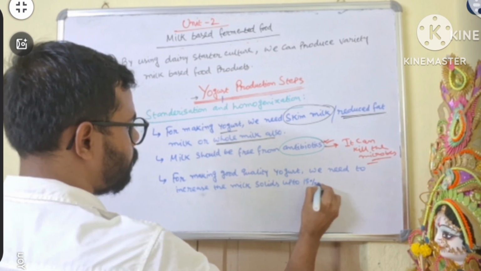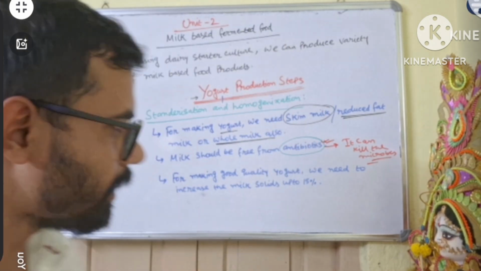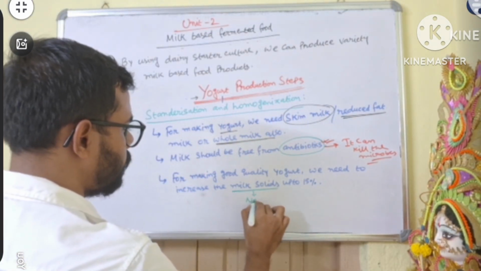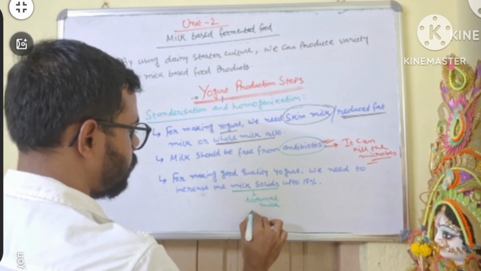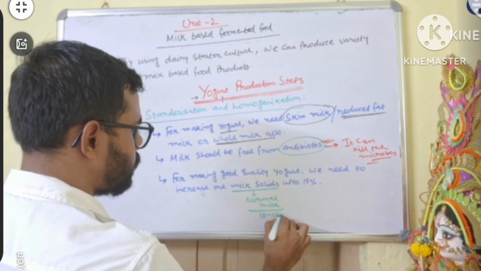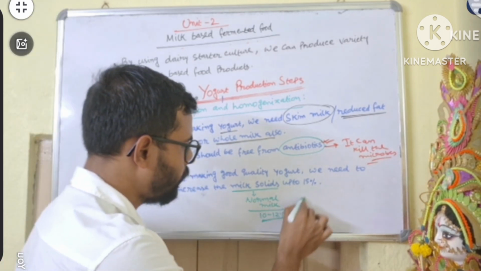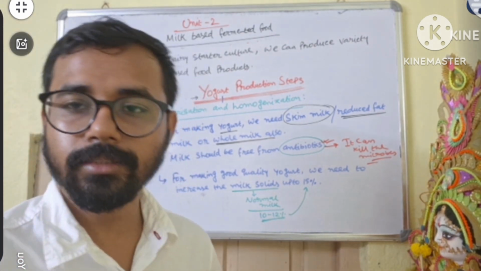Up to 15%. In normal milk, the milk solid is 10 to 12%. But for better quality yogurt, we need 15%.